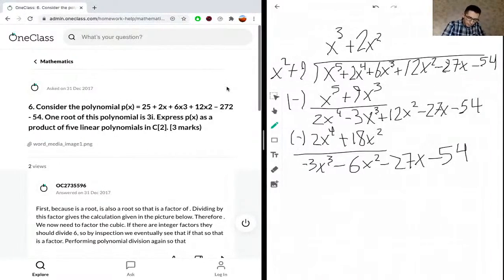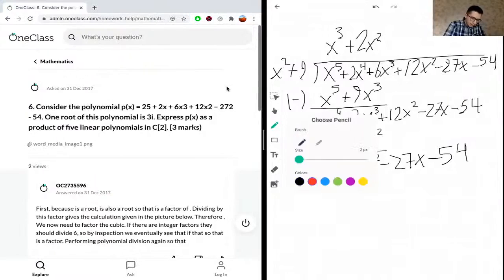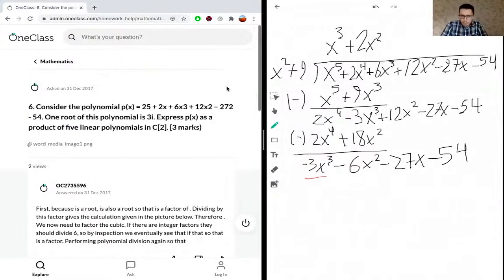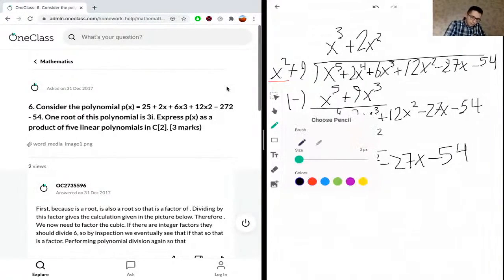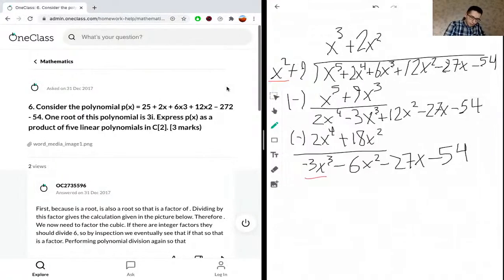So we think about the negative 3x cubed and the x squared. What can we multiply by x squared to get negative 3x cubed? We know we can multiply by negative 3x. So we'll write negative 3x up here.